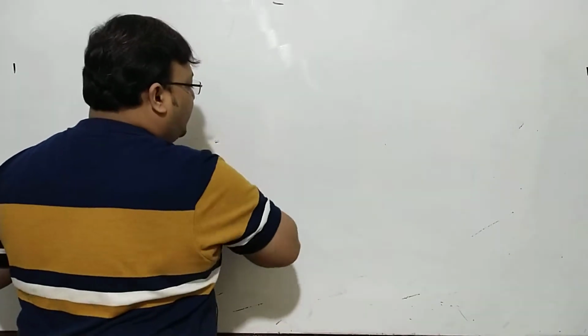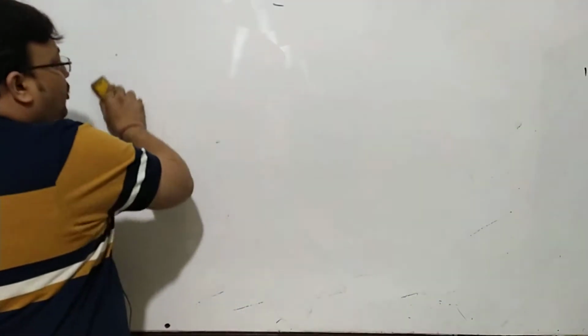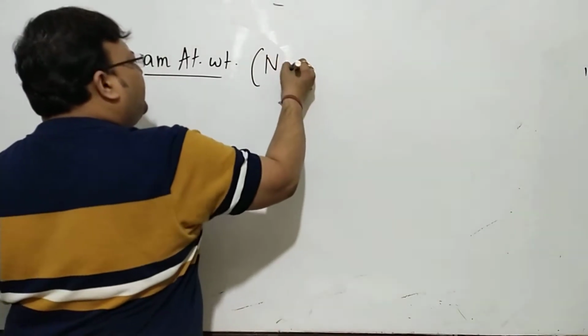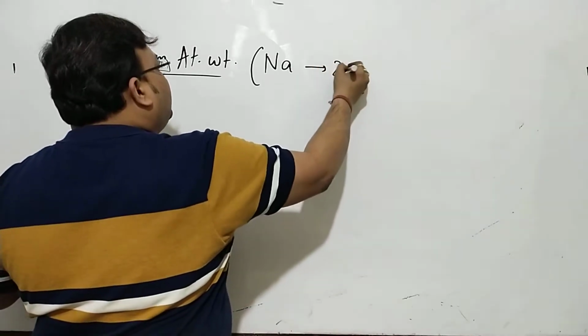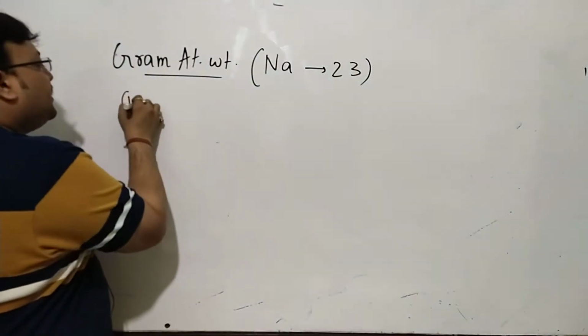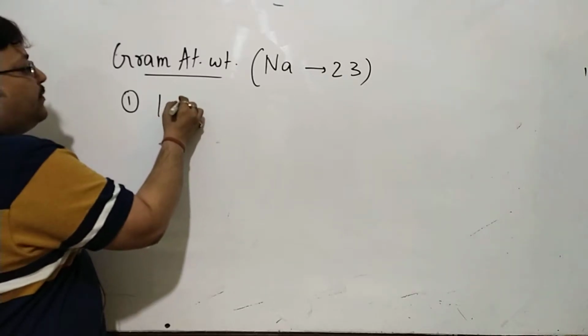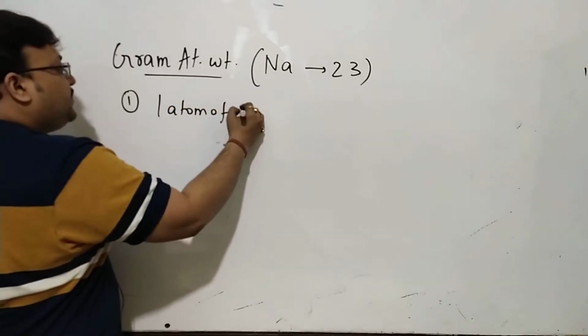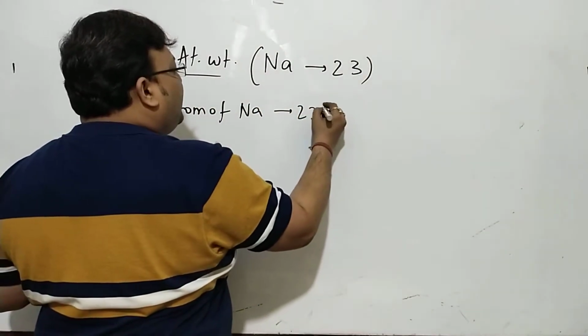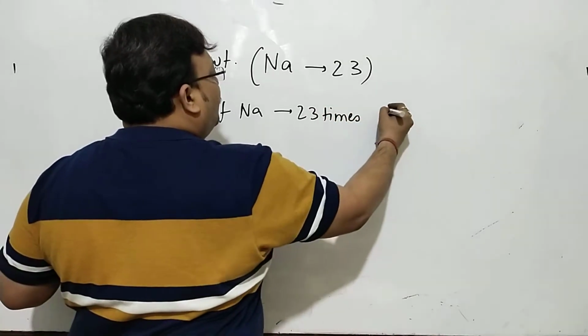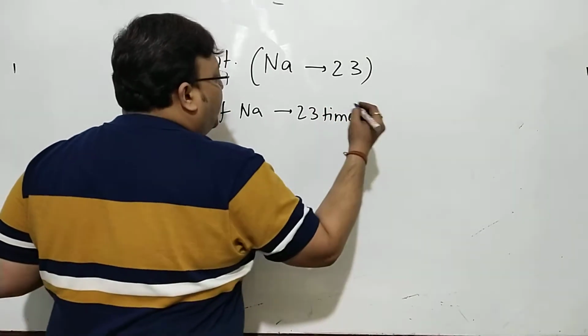Now, when I write it in grams, I call it the gram atomic weight, the gram molecular weight. I would stick to the example which I gave you: gram atomic weight of, suppose, sodium is 23. What does it tell you? It tells you a few things. One, every atom of sodium is 23 times 1 AMU. Now, what is 1 AMU?